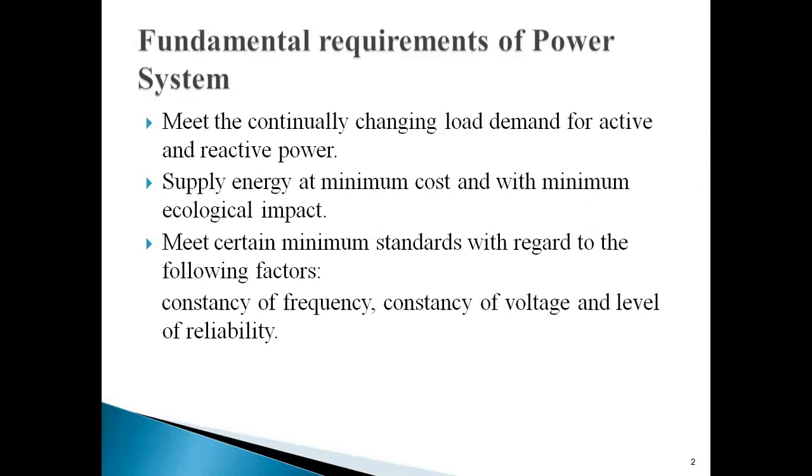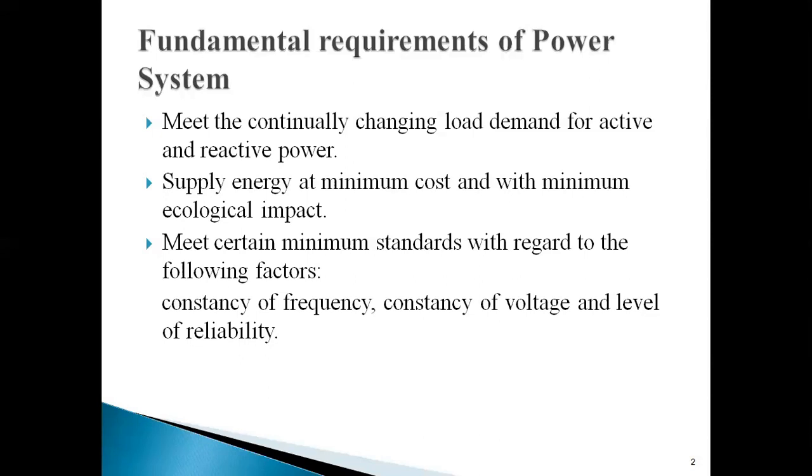And there are some parameters like frequency and voltage. These parameters, especially frequency and voltage, are very important. So we should maintain a constant frequency and constant voltage. In the ideal case it is nominal voltage, but we have some allowable limits.